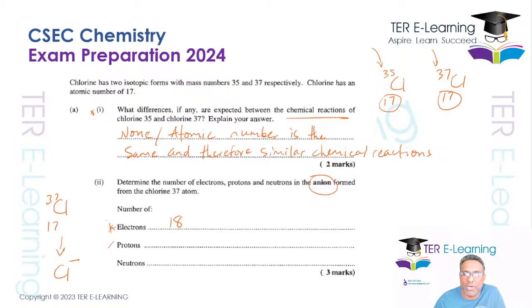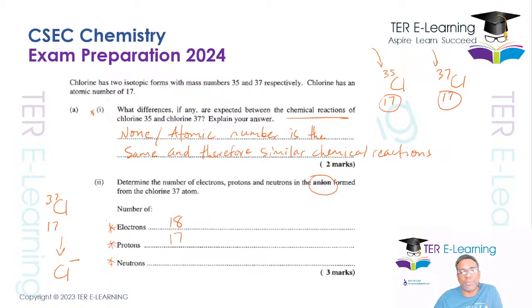What about the number of protons? How many protons do we have in this anion? So the proton number will not change, so that's going to be 17. That's not affected. And what about neutrons?